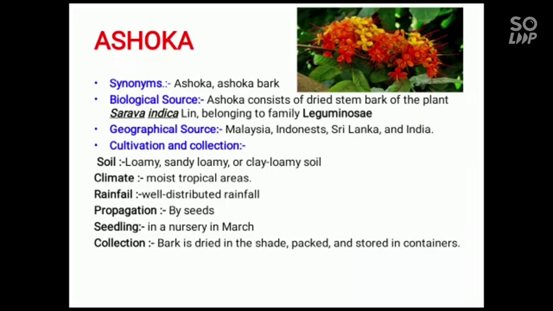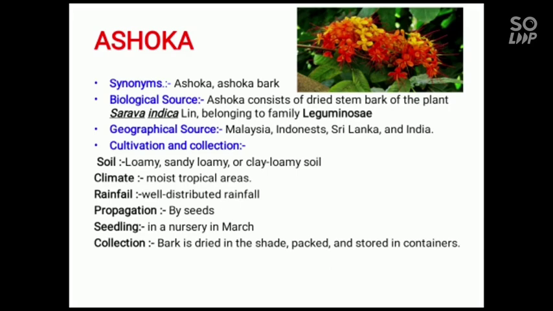Then the Ashoka. Synonym of Ashoka is Ashoka bark. Biological source. Ashoka consists of dried stem bark of the plant Saraca indica belonging to family Leguminosae. Geographical source. It is mainly found in Malaysia, Indonesia, Sri Lanka and India. Cultivation and collection.